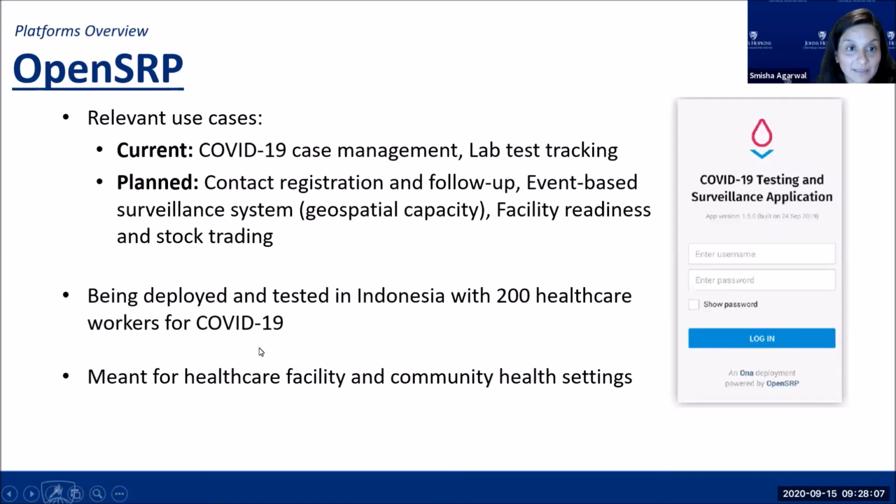It was primarily being deployed in Indonesia with about 200 healthcare workers and was in the early stages of development for COVID-19, though very advanced functionality as far as lab test tracking goes, definitely worth looking into for that purpose. And they had planned modules under development for contact registration, follow-up, and event-based surveillance system.